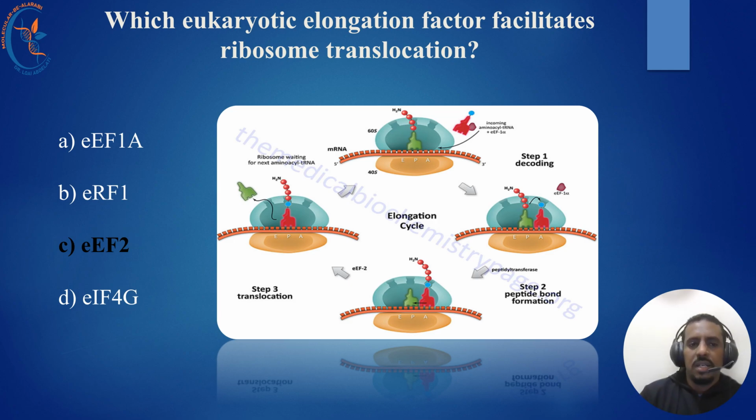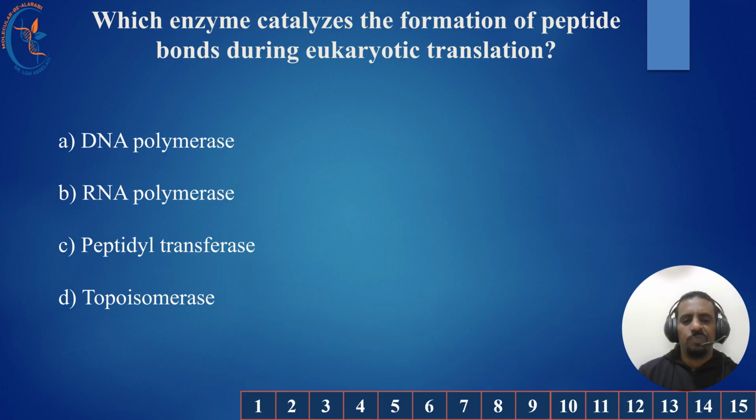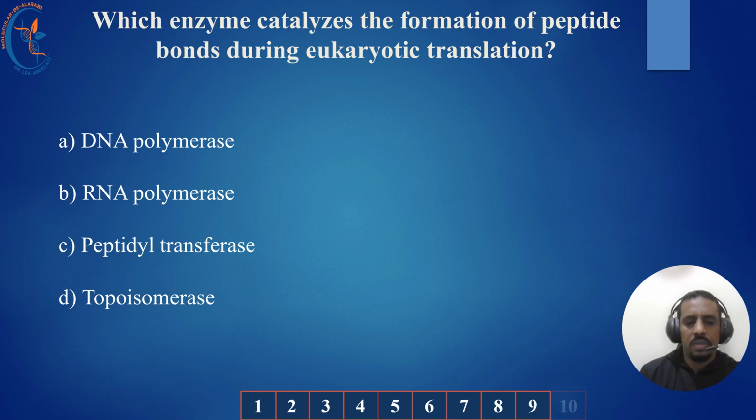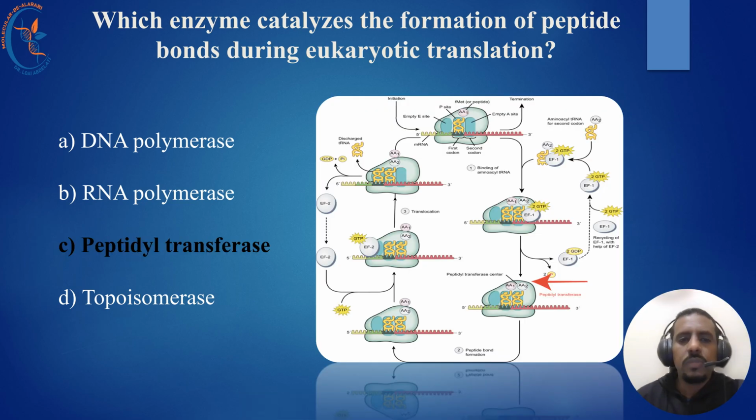Okay, let's move on. The question here is, which enzyme catalyzes the formation of peptide bonds during eukaryotic translation? Alright, the correct answer is peptidyl transferase.